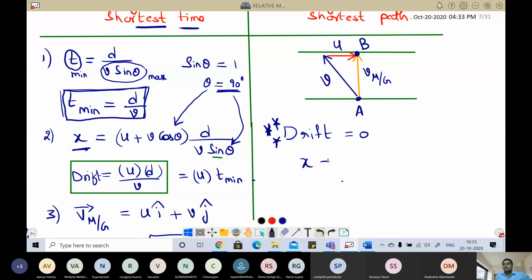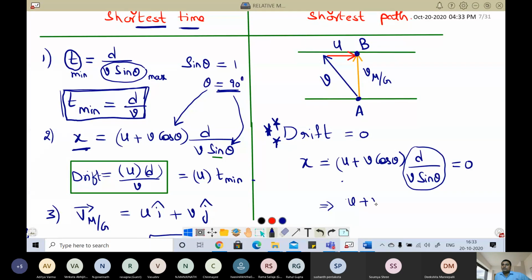I got x equal to (u plus v cos theta) into d by (v sin theta), which should be equal to 0. If it has to be 0, then this part entire will be 0. So this implies u plus v cos theta is equal to 0.